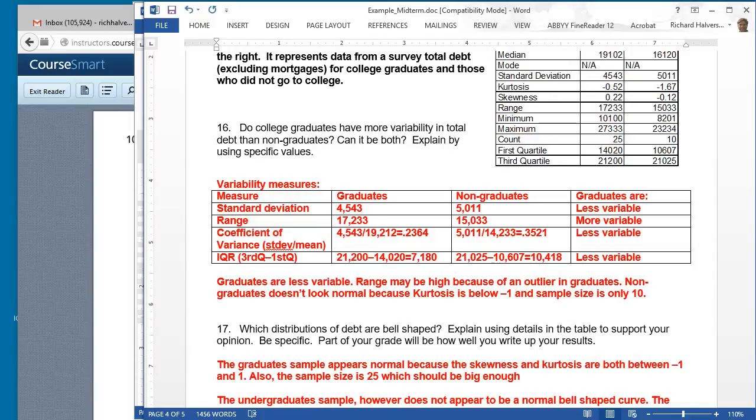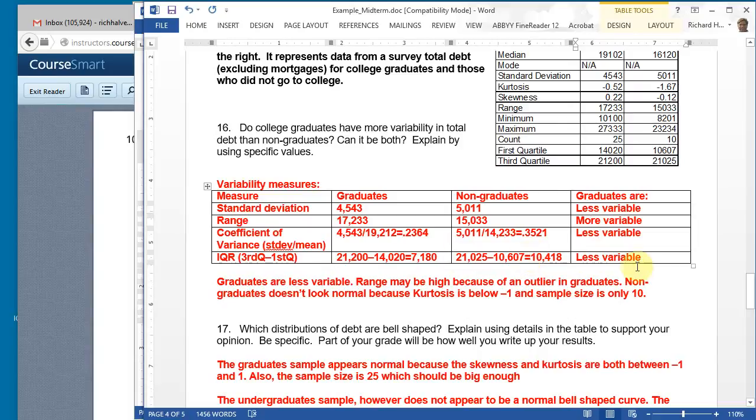So there could be an outlier in graduates. The non-graduates doesn't look normal because the kurtosis is below -1 and the sample size is only 10. So this is an explanation for the range being more variable instead of less variable.